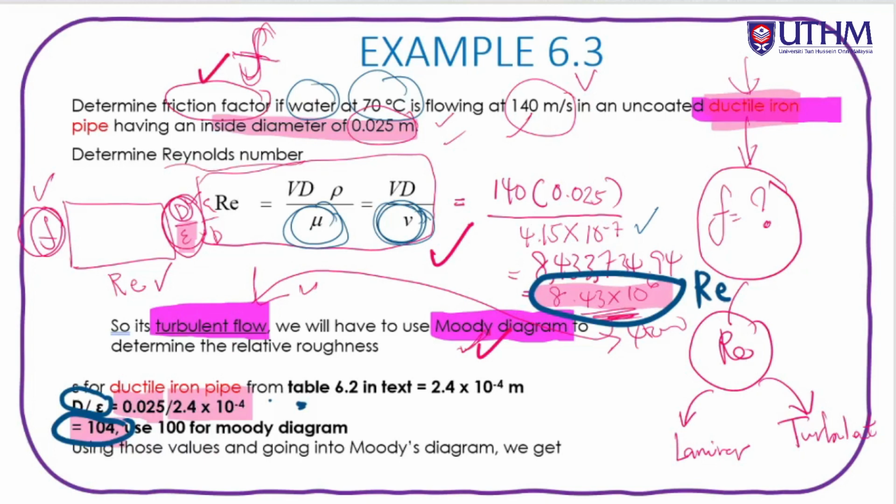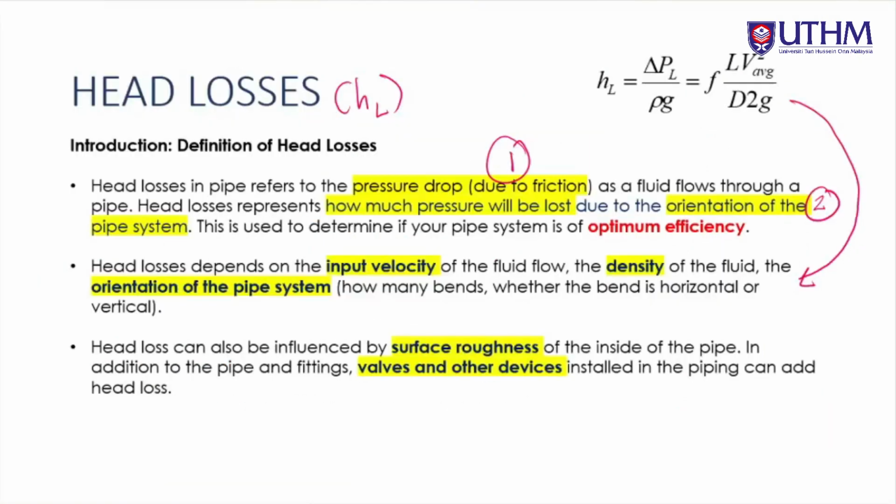Okay, kita continue dengan head losses in pipes. So this is a bit of an introduction. Sebenarnya kita dah sentuh dah bahagian ni tadi, cuma dia lebih spesifik on this area, in which sebelum ni head losses saya dah define in general.